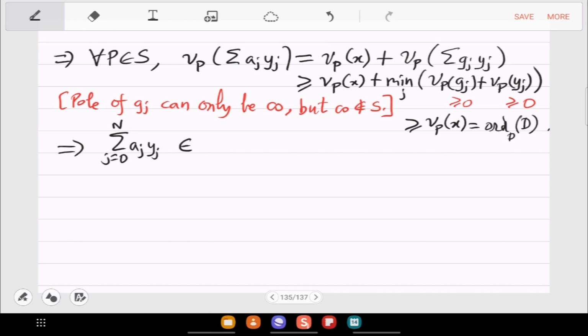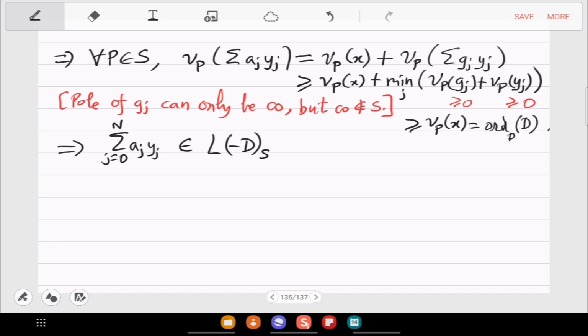It is in an L-sheaf, which is L(minus D)_S. Because I went over all the points in S and I have compared the valuations and it is at least minus of D, that's D. So we started with y's which were in L_0(S) and we have ended up with this combination of y's which is in L(minus D)_S.